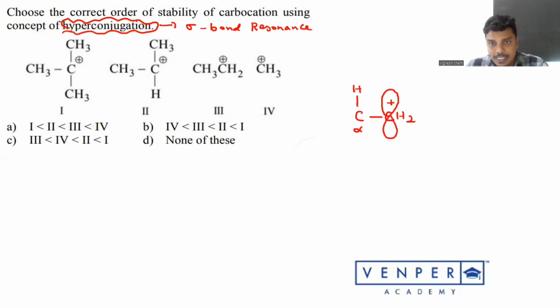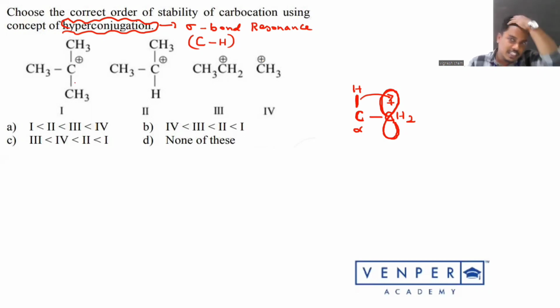This alpha carbon is attached to alpha hydrogens, and the C-H sigma bond is parallel to the vacant p orbital. Therefore the vacant orbital can be stabilized by C-H sigma bond resonance. They call this hyperconjugation. This sigma bond stabilizes either a carbocation or an alkene.